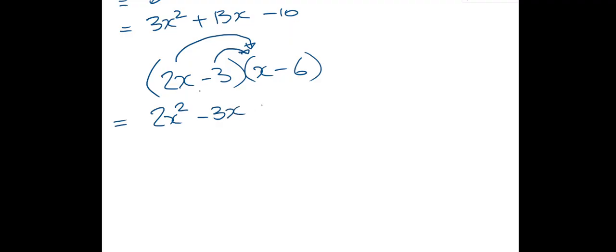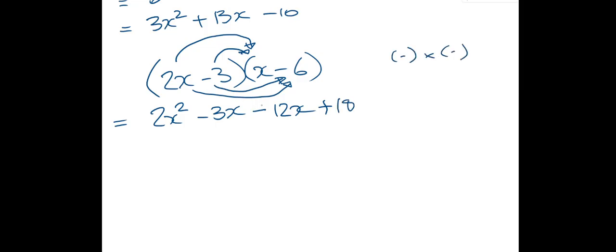And now the last term, 2x times negative 6 is negative 12x. And lastly, the negative 3 times the negative 6 is positive 18. Remember, a negative times a negative equals a positive.